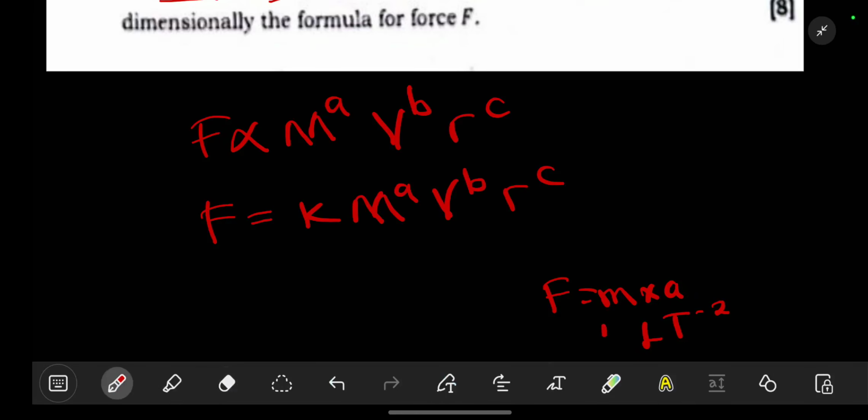So therefore the force is equal to M L t to the power negative 2.